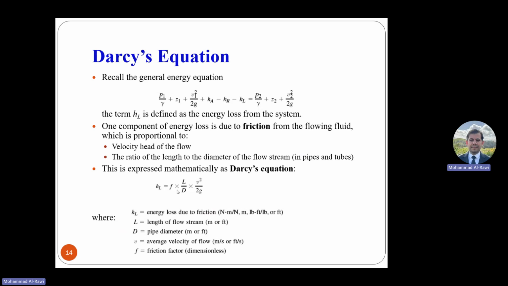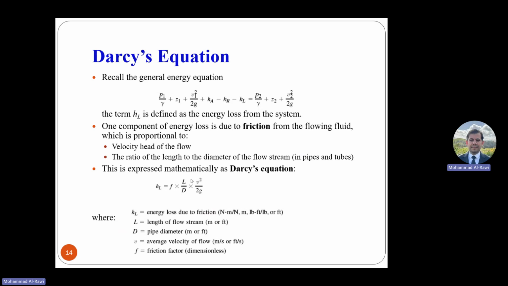So HL equals the friction factor f, which is dimensionless and can be obtained by calculations or the Moody chart, times L, the length of the pipe, over D, the cross-sectional diameter of the pipe, times V squared over 2g. All of that helps us find the energy loss due to friction, which is in meters or newton meters per newton.